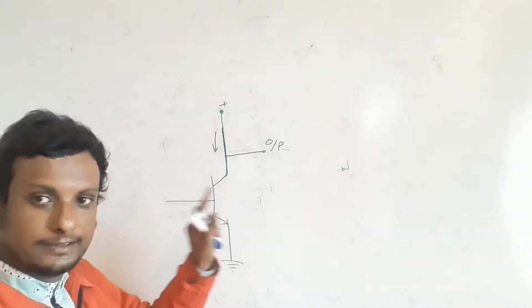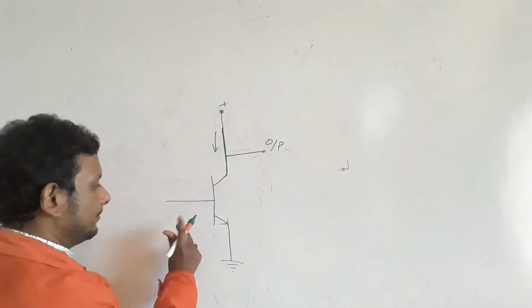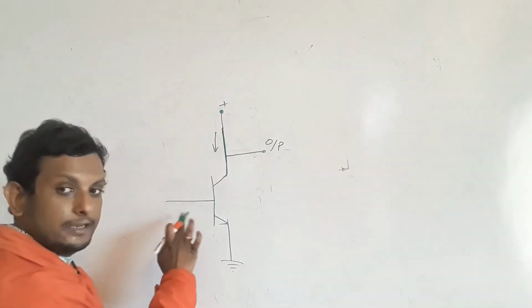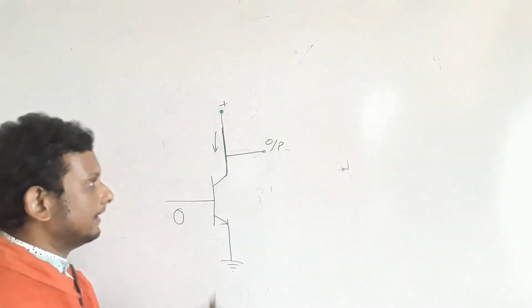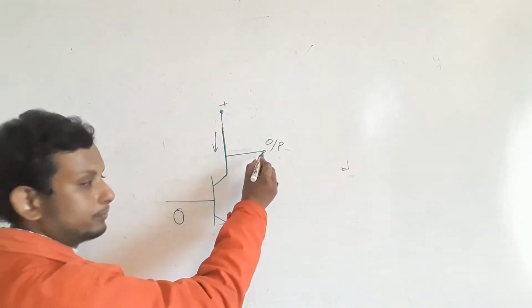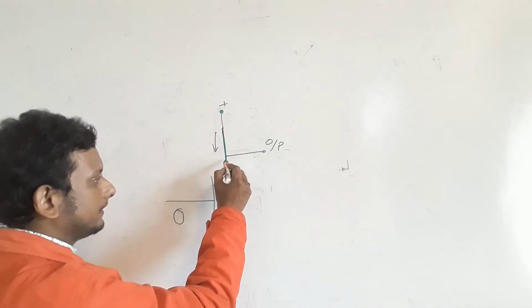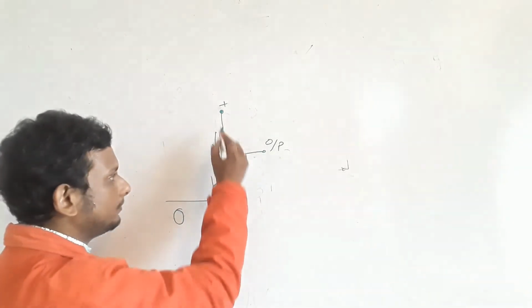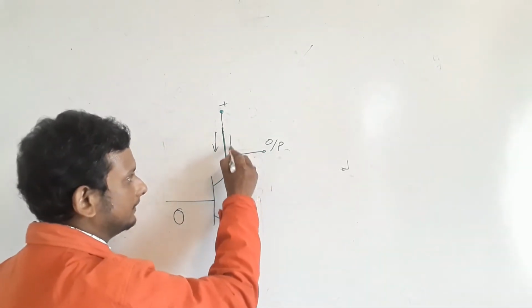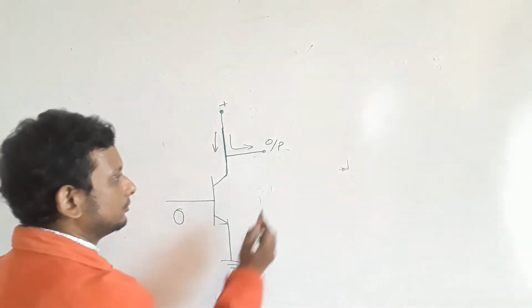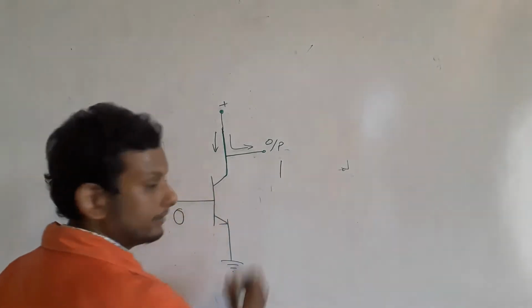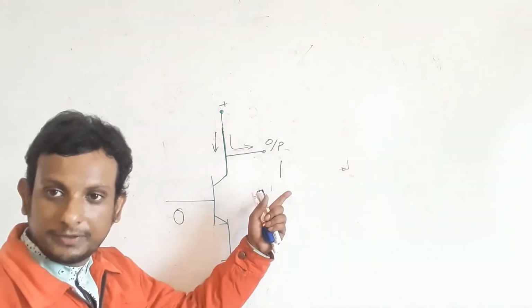But now we haven't applied any input at the base, that means we are applying 0 at the input. So what will be the output? This current cannot pass through the transistor, so it will pass in this direction when the input is 0.